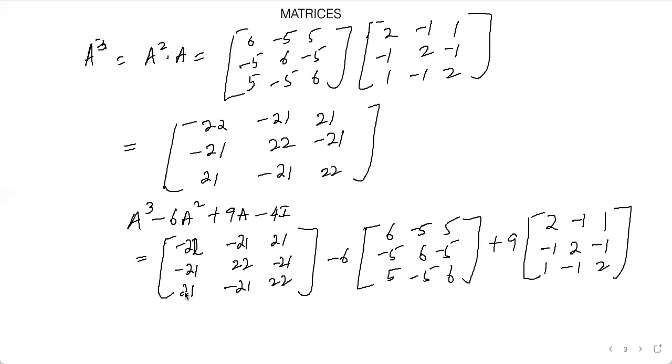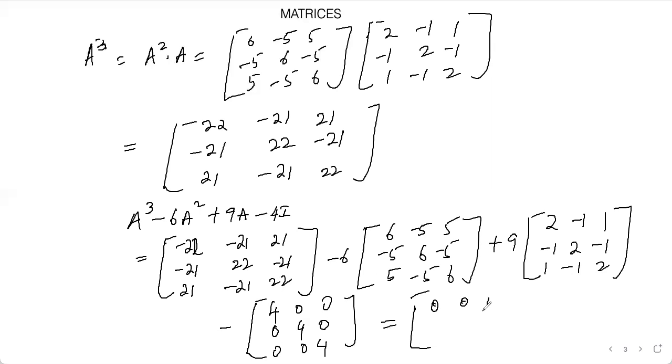So minus 4, multiplied into the identity matrix, which is 4, 0, 0, 0, 4, 0, 0, 0, 4. Which will be equal to 0, after simplifying.